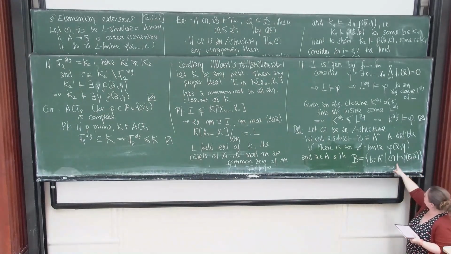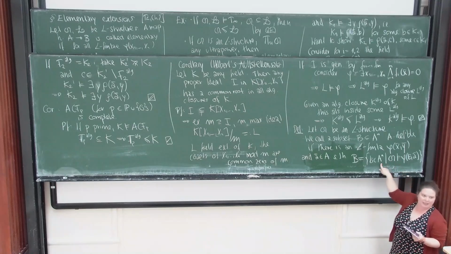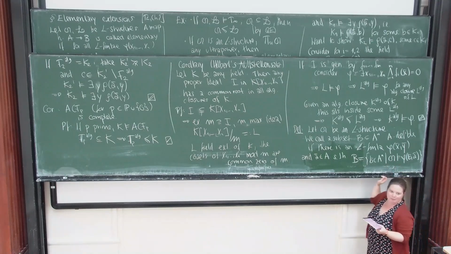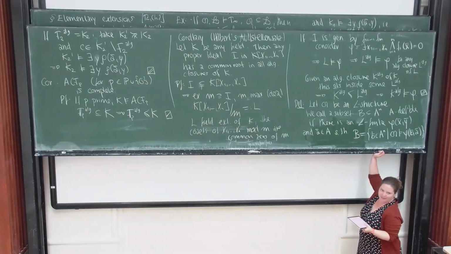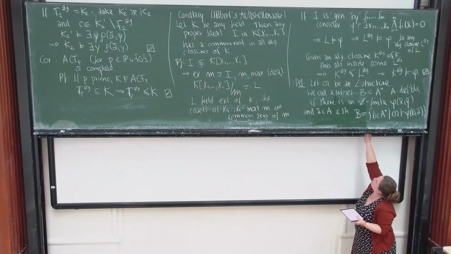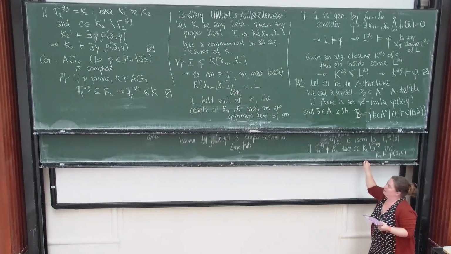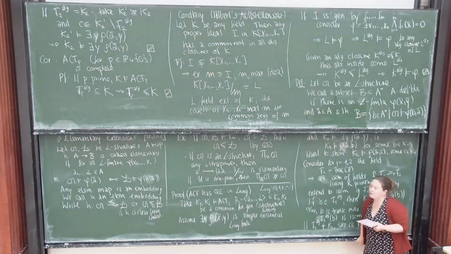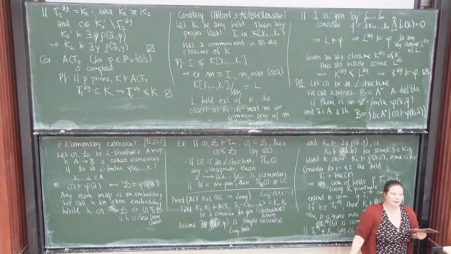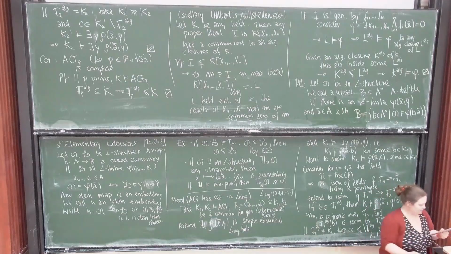And so it's cut out by a formula where you're allowed to plug in things from A. We'll do examples in a moment and then it will be very clear to you. In particular, my formula phi could be saying I'm equal to some element, whatever, pi, if I'm in the rings.